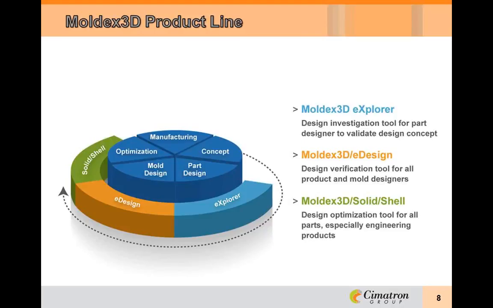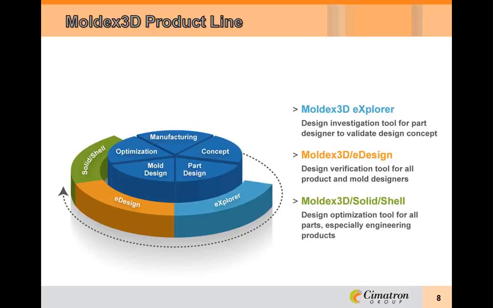Moldex 3D has 3 products that cover a wide range of CAE needs. Starting with Explorer, we provide product designers with CAD-embedded tools for exploring various design concepts. When designing molds, eDesign offers mold designers an easy-to-use interface with accurate computations to verify complex runners, gating systems, and cooling channels, as well as predicting warp and other defects during the molding process.